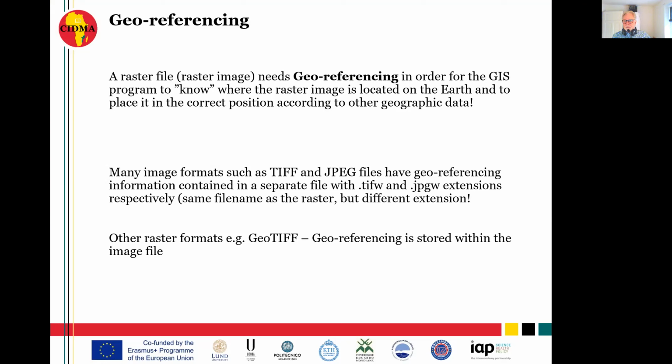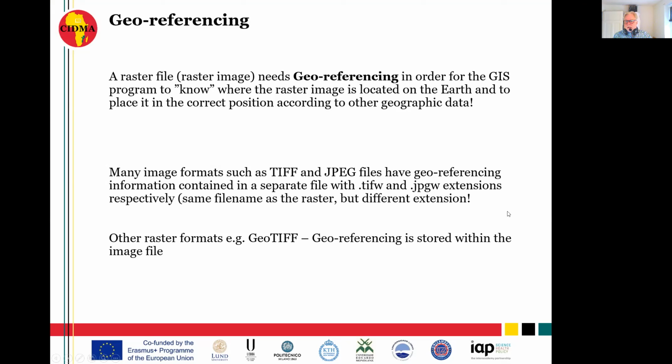So it needs some georeferencing. And if it doesn't have the same coordinate system as my other data, I will need to reproject either the other data to the same as the satellite data, or the other way, reproject the satellite data to be the same coordinate system as my other GIS data.